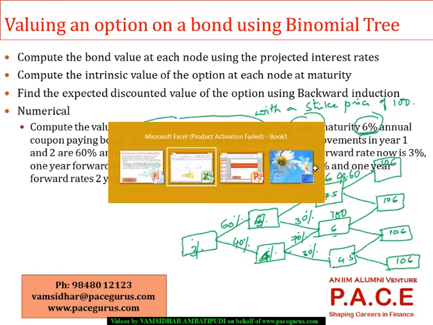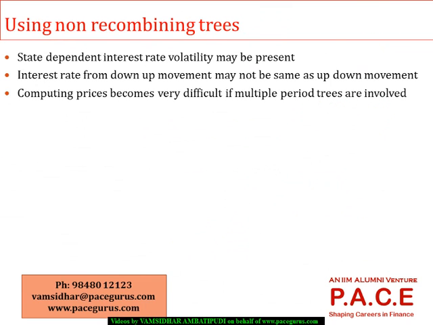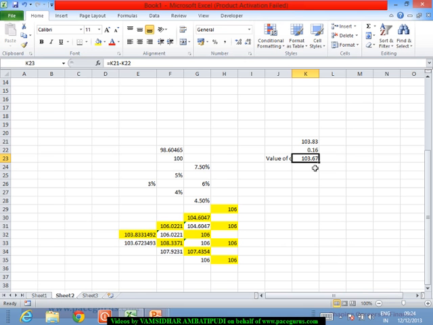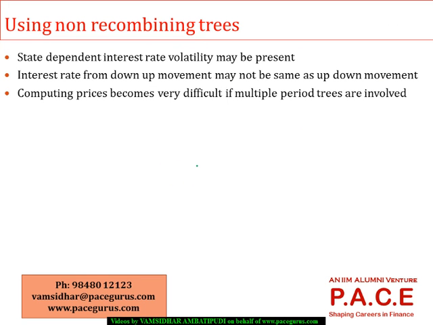Alright, now in this entire process, one thing we have to be aware of is, whenever I have built this tree, from 5% going to 7.5 and 6, we are actually going with the assumption of recombining binomial trees. This is the same logic we have been using even in the equity options valuation.